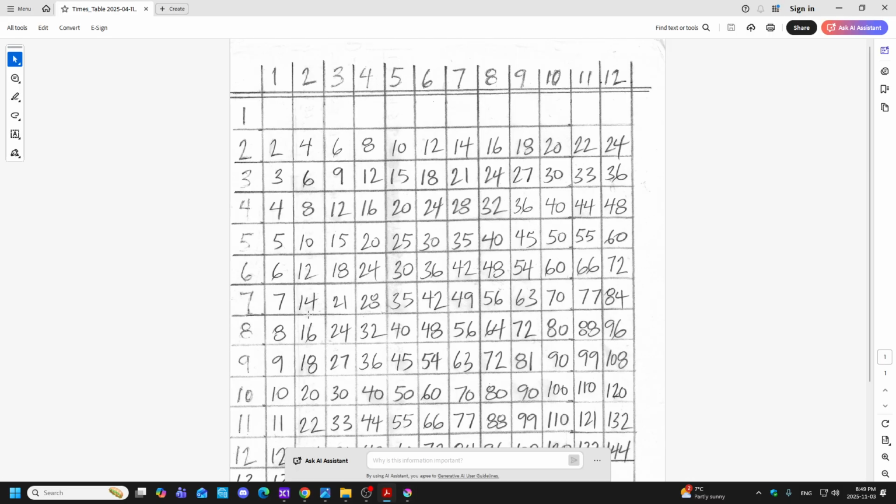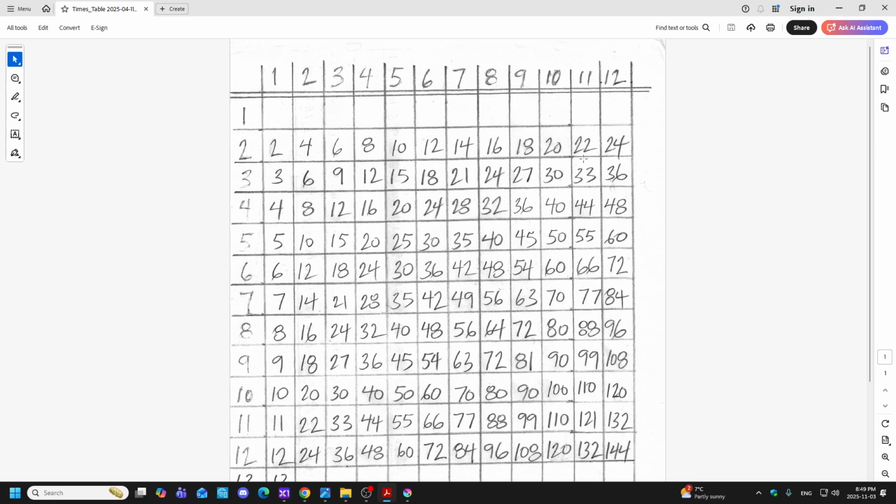Looking at the times table, 3 times 11 is 33. If you notice the pattern with numbers that have identical numeric values, this is the ones place and this is the tens place, but they have the exact same number.